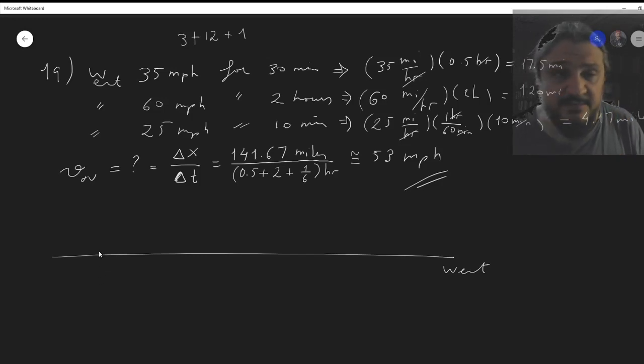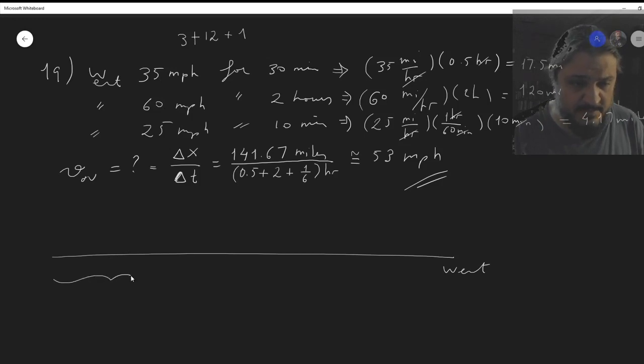Okay, so in the first phase, I have a speed of 35, and then 60, and then 25. So this will not be to scale. Let's mark these points. This is 17.